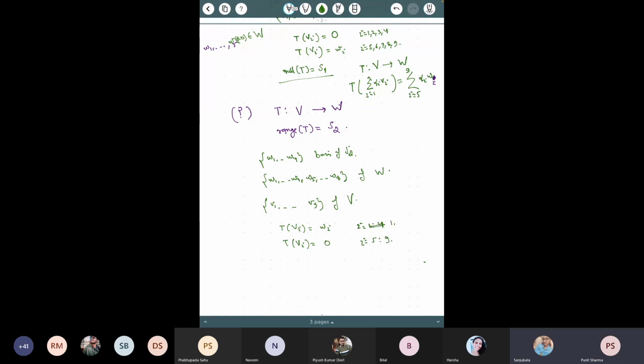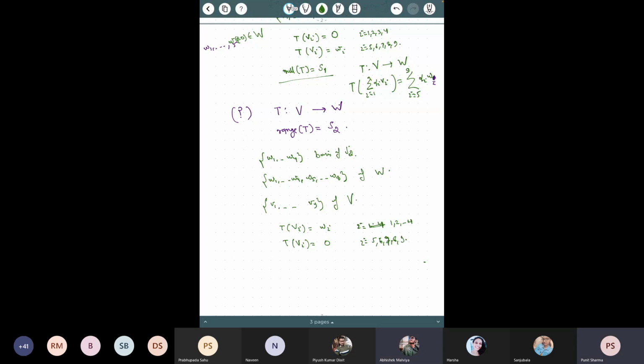So this notation is actually for 5, 6, 7, 8, 9. Now is it fine? Yes, sir.